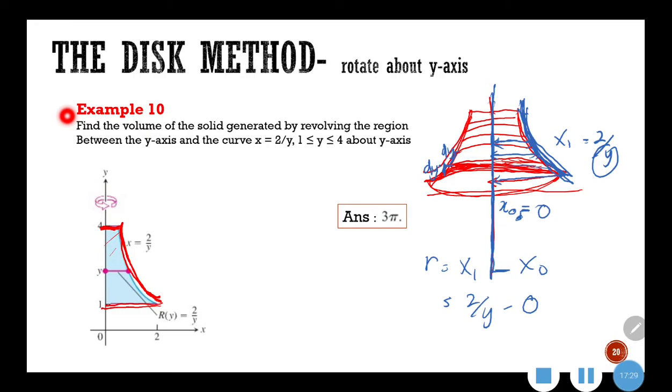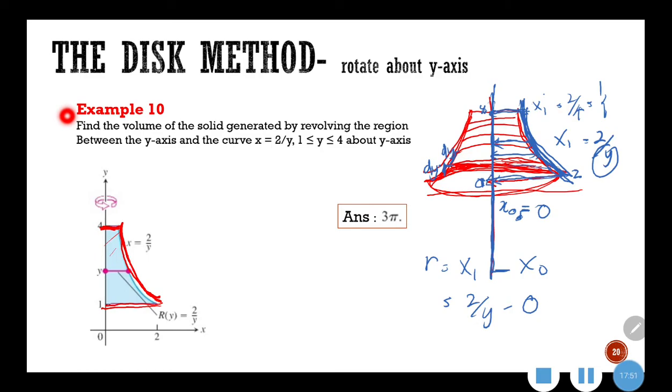Let's say y equals 1, your x1 will be 2, so 2 minus 0. When y equals say 4 here, then your x1 is equal to 2 over 4, so it's equal to half. So half minus 0, the radius becomes half. This radius becomes 2, and so on and so forth.